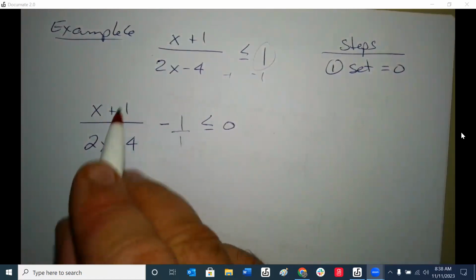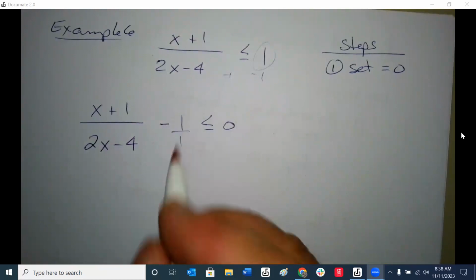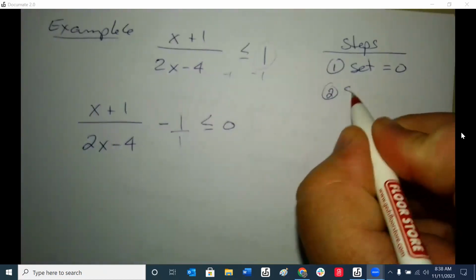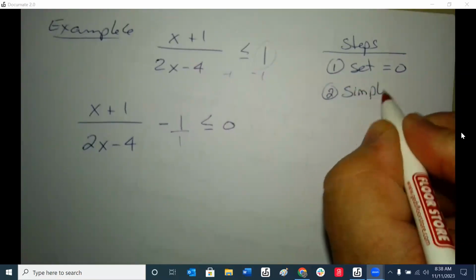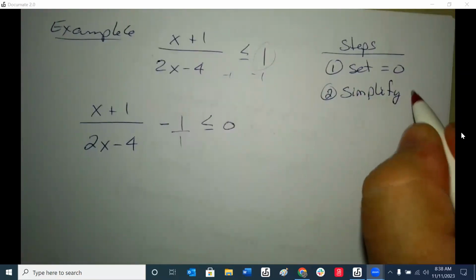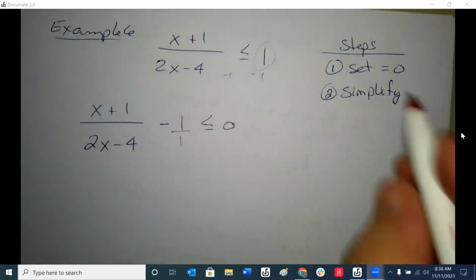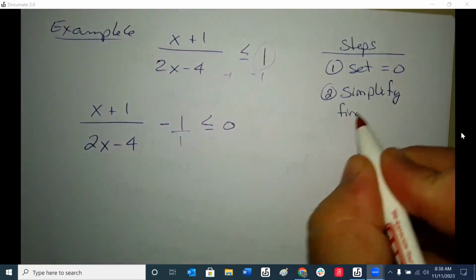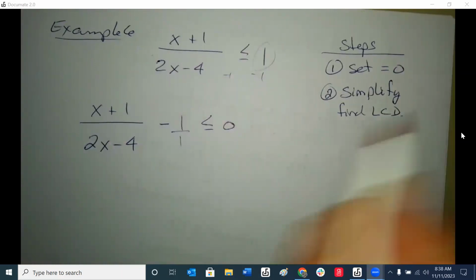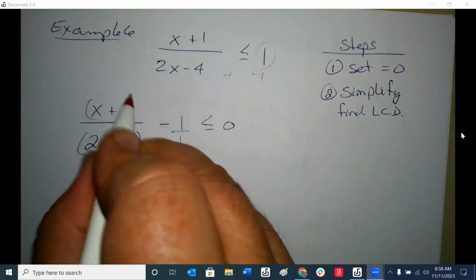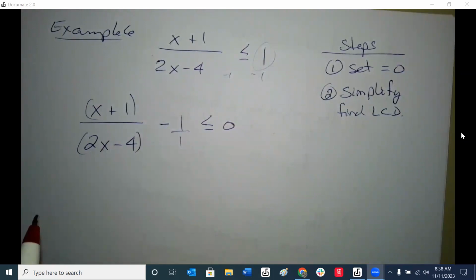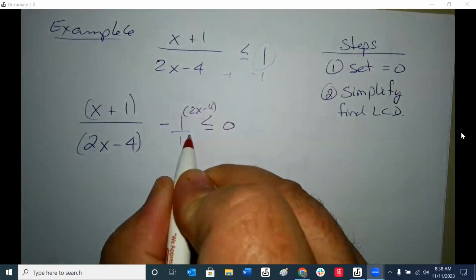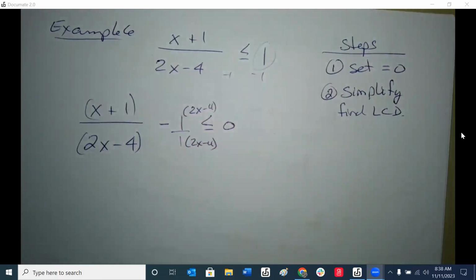This is 1 over 1, since we have a fraction here, so we're subtracting a fraction. To simplify, you have to combine fractions. You have to find the least common denominator. Since the only denominator we have is 2x minus 4, we multiply this one by 2x minus 4 over 2x minus 4.